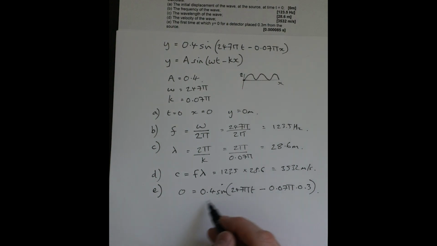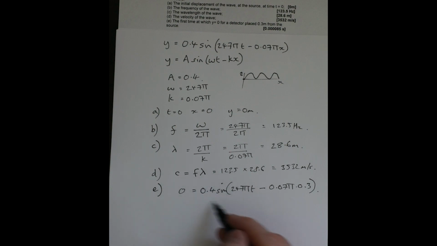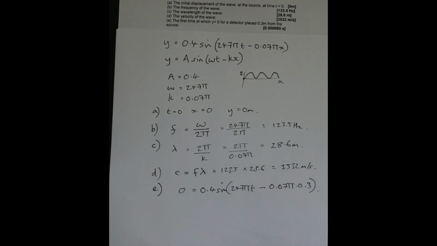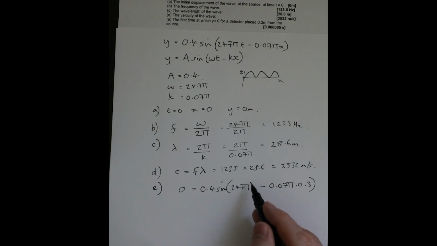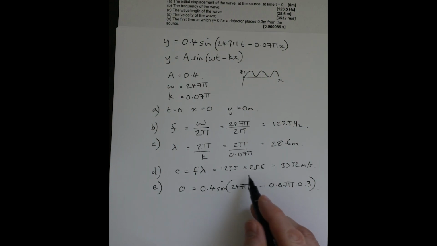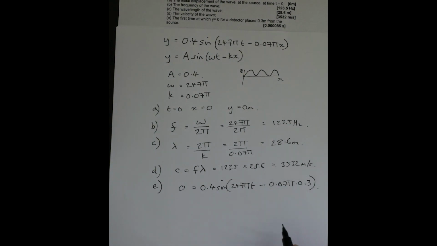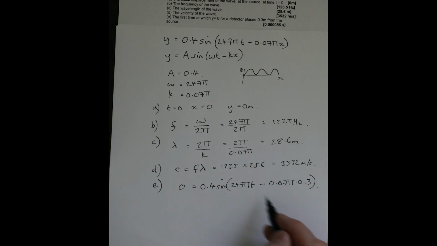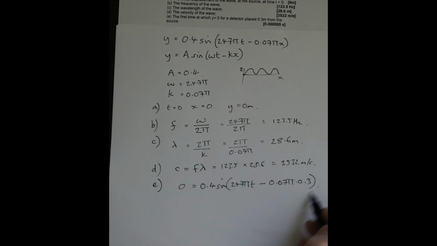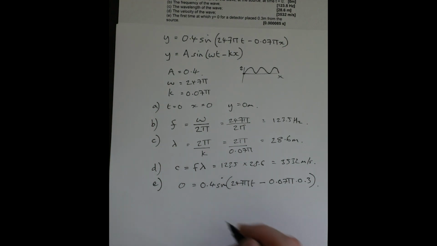So this 0.4 side of the equation can only be 0 if we reduce this sine function to 0. So in that case, we can argue that sine 0 is equal to 0. So for what's in the bracket here to equal 0, this value here has to be equal to this value here, because if we've got one value and we subtract it from itself, that makes this whole bit in the brackets equal to 0.